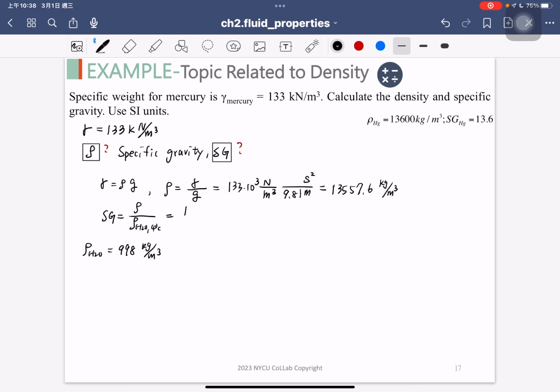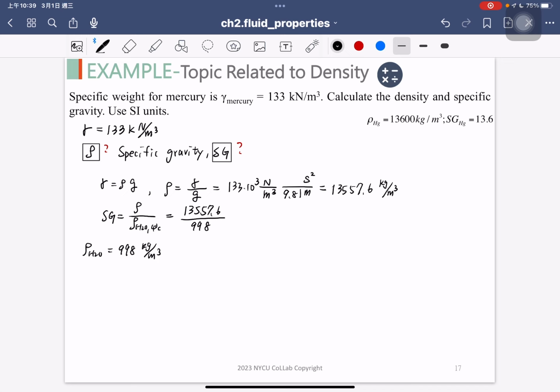So we have 13557.6 divided by 998. Because both are densities, the units directly cancel out. So we know that SG is a dimensionless parameter.